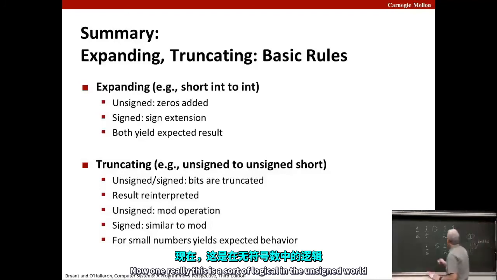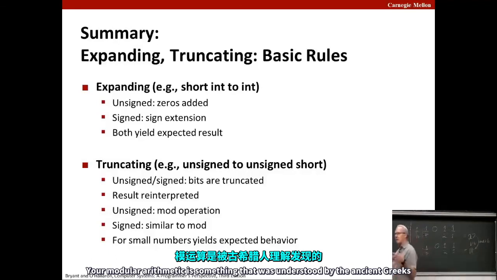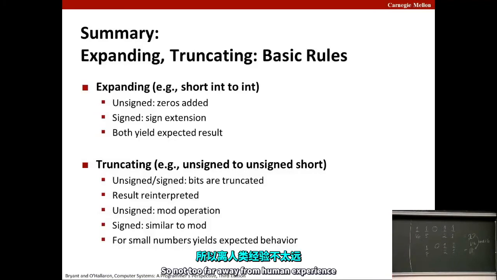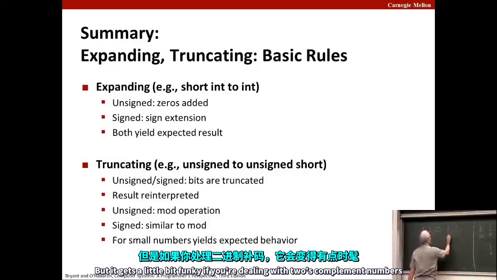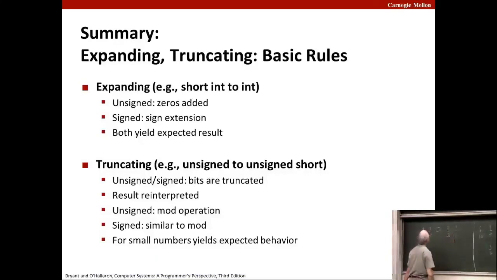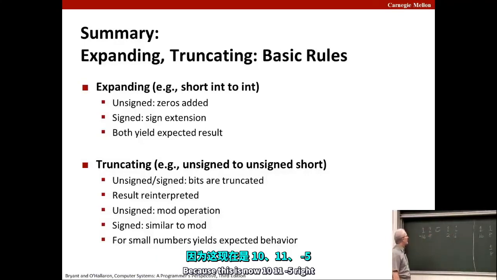Now this is logical in the unsigned world. Modular arithmetic was understood by the ancient Greeks, so not too far away from human experience. But it gets a little bit funky if you're dealing with 2's complement numbers, because this is now minus 5.